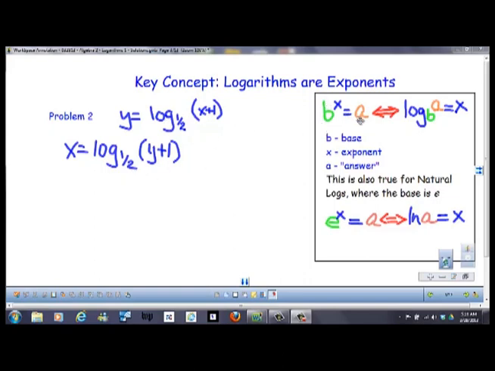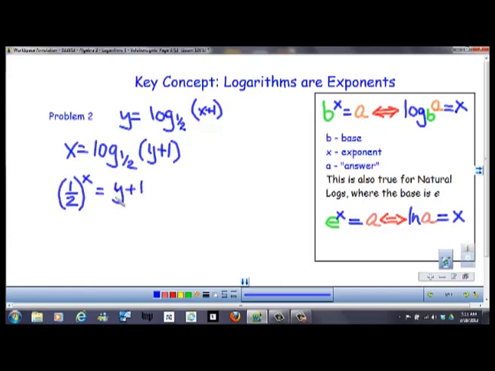Base to the x is equal to the answer. So for this problem, we have 1/2. Now remember, all of that is our b, so we should remember to put it into parentheses. 1/2 raised to the x power is equal to y plus 1.